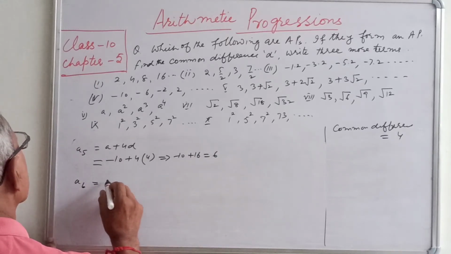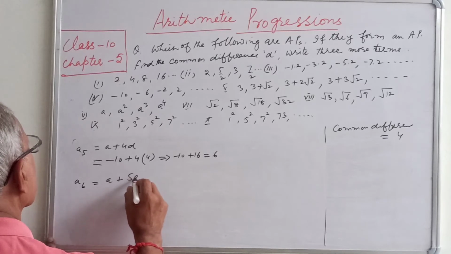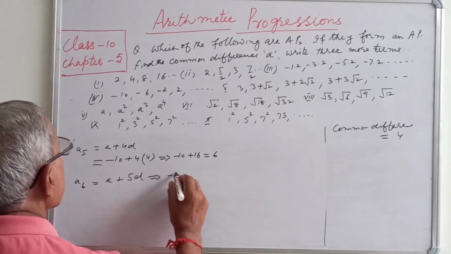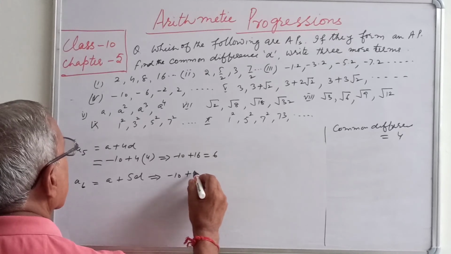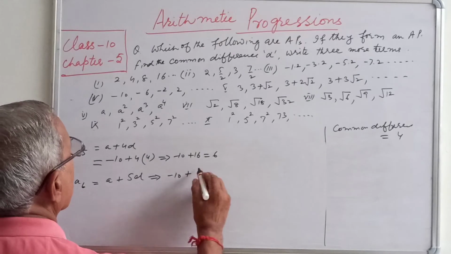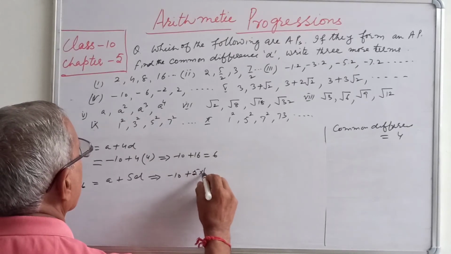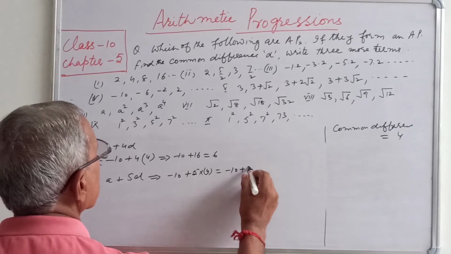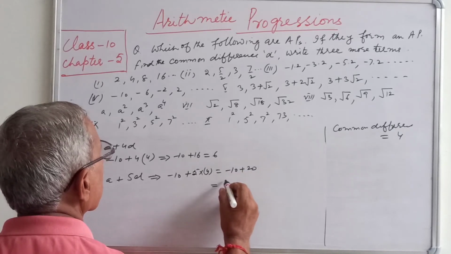A6, A plus 5D: minus 10 plus 5 into 4, minus 10 plus 20, this becomes 10.